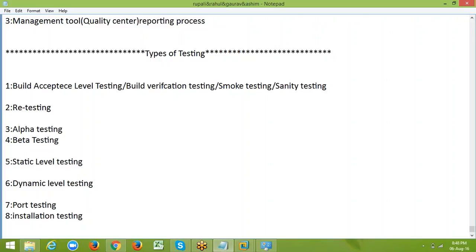So they are taking 4 or 5 mock systems. They are trying to install the project in those particular systems. Why? Because they are going to test the installation process. So whether all the installation process is working perfectly, or we find some issues.